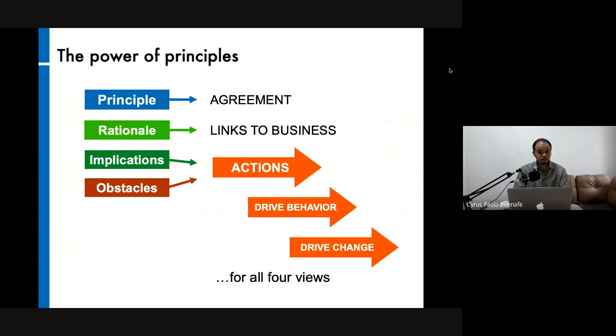And then when you look at implications and obstacles, implications would be the explicit statement of work. Your obstacles would be the risks that could get in your way. So when you combine all of them together, okay, then your conclusion should be a set of actions that you need to do. And because these are actions, okay, it's been clear, then it will drive behavior, then can drive changes.